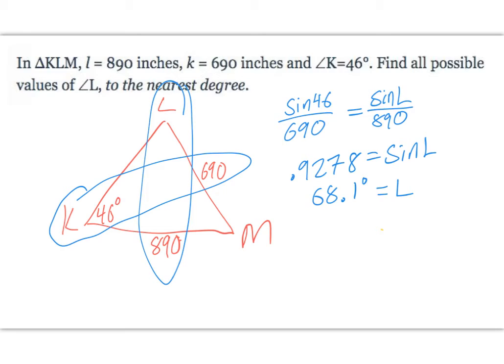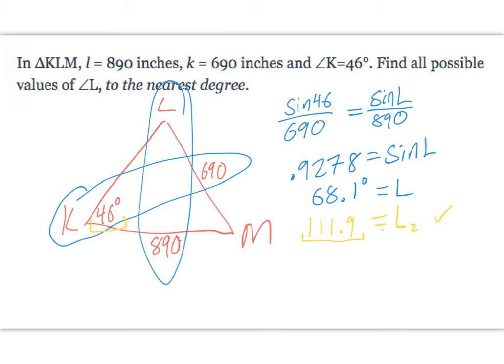Okay, and again, because we're dealing with potential for other possible things that might work, what we're going to have to do is then figure out what the other version of this angle could be, and that's going to be whatever would add up to 180 with this. So that's going to be 111.9, and just to make sure, I'm going to look at my triangle. So 111.9 plus 46, going to be less than 180. That makes it a possibility.